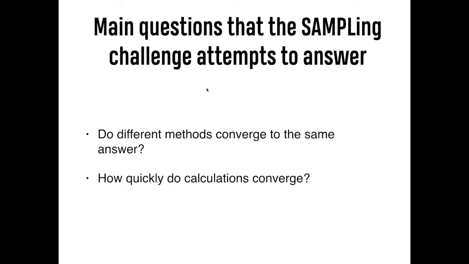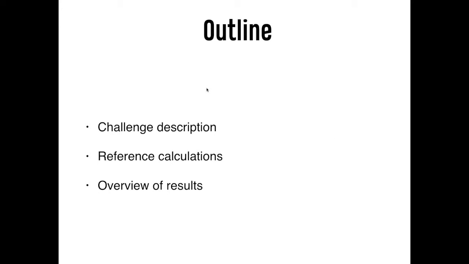Okay, so two main questions. First, do two different methods converge to the same answer given the same force field? And the second one is how quickly the calculations converge. So I'll give first an introduction of the challenge and what it consists of.